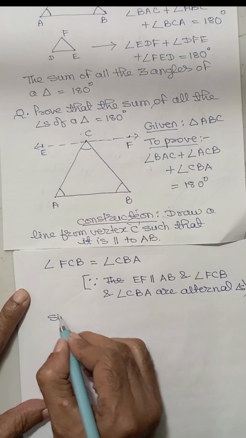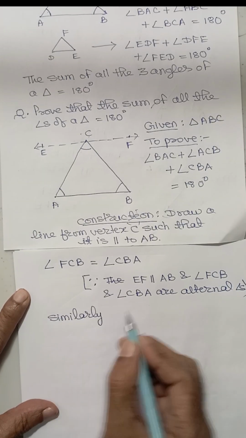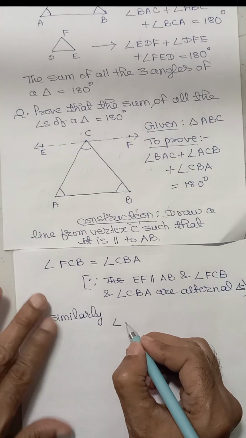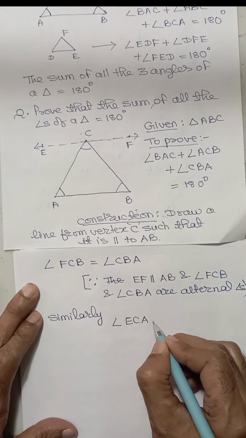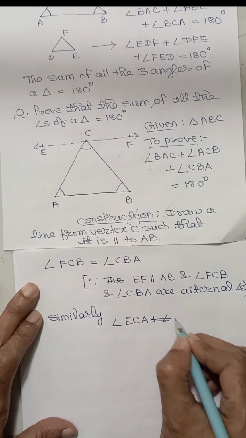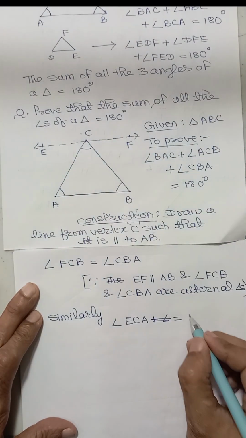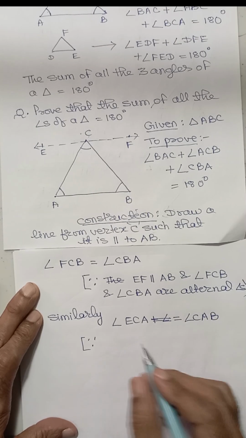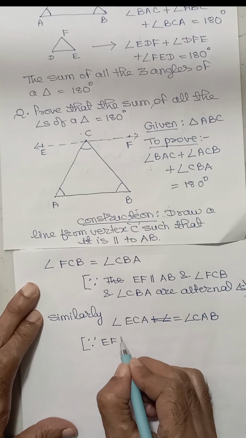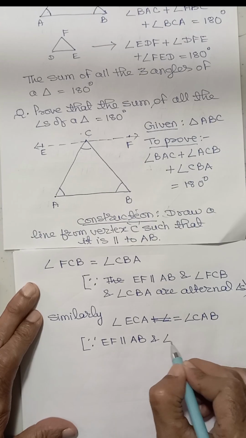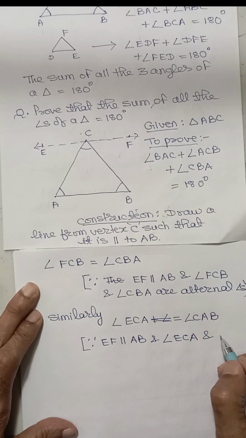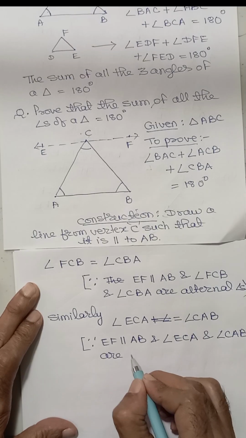Similarly, angle ECA is equal to angle CAB. The reason is EF is parallel to AB and angle ECA and angle CAB are alternate angles.